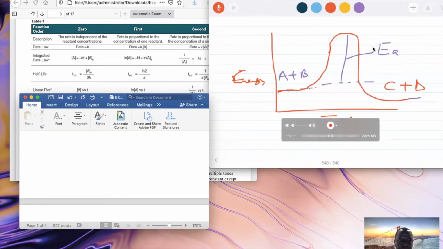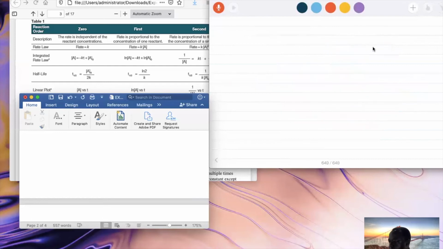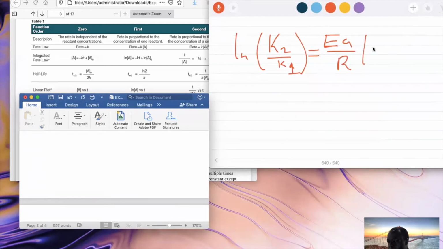We use EA for activation energy, using the Arrhenius equation for two points. The Arrhenius equation looks like this: the natural log of K2 over K1 equals negative EA over R, where R is the universal gas constant, times 1 over T2 minus 1 over T1.